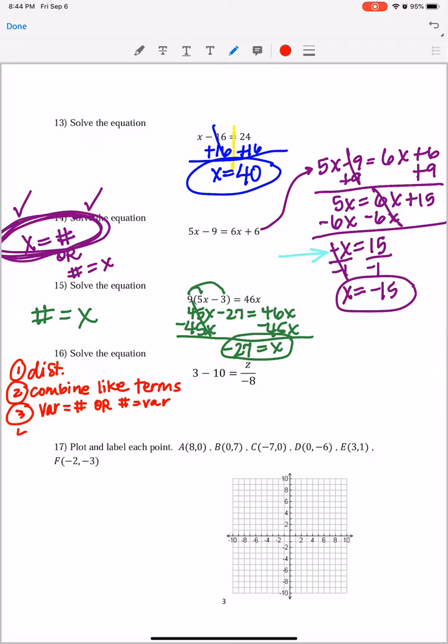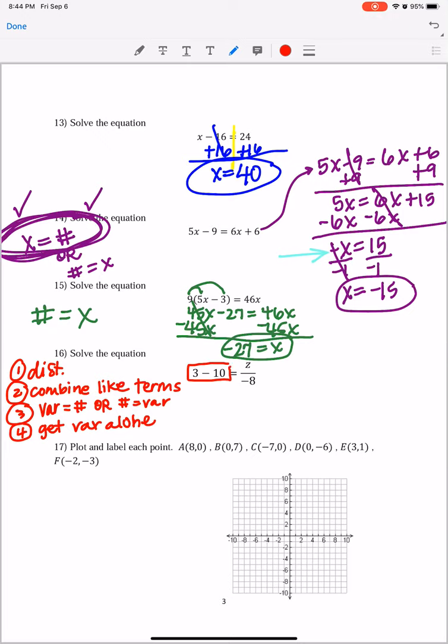And then lastly, get variable alone. Not along, alone. Okay. So in this problem here, I have nothing to distribute, so we don't need to worry about that one, but I can combine like terms.